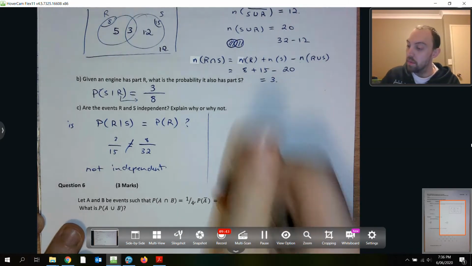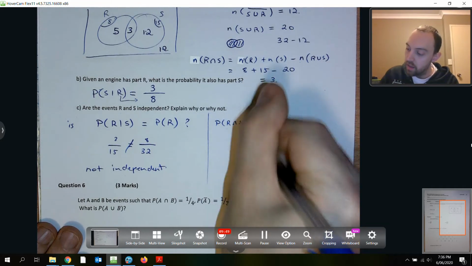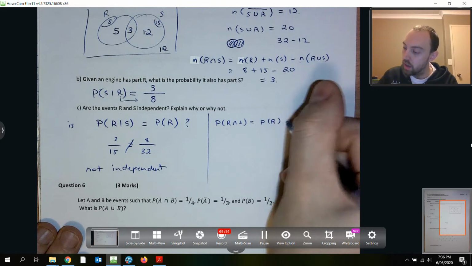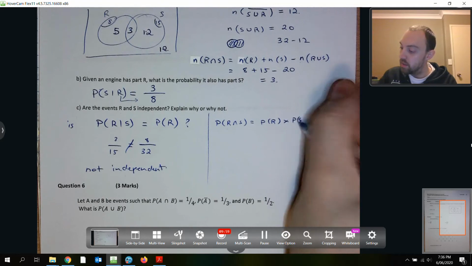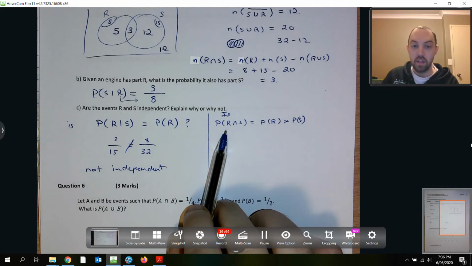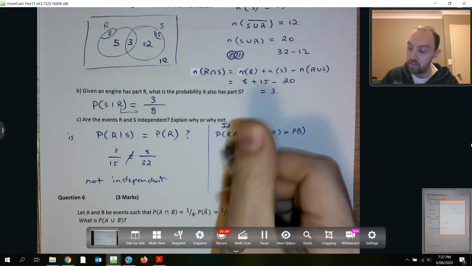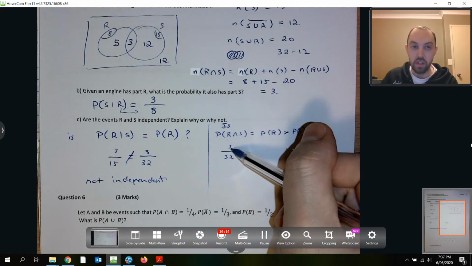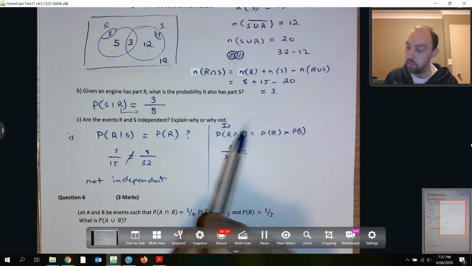The other way you could think about it is using the full thing. Probability of R and S should be equal to the probability of R times the probability of S. If they are independent, then this should be true. Probability of R and S is 3 out of 32 because there's 3 that are both R and S out of 32 in total for this engine part.